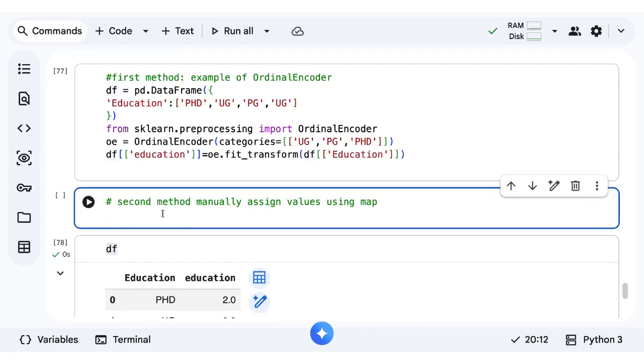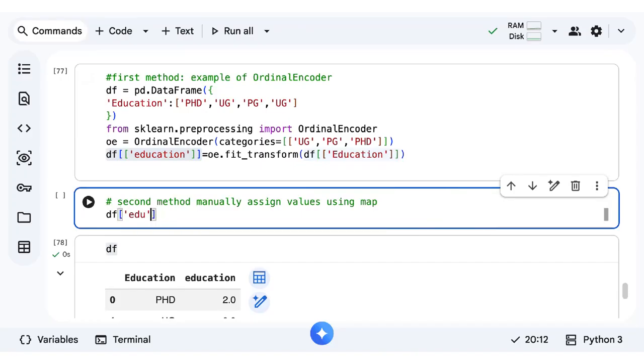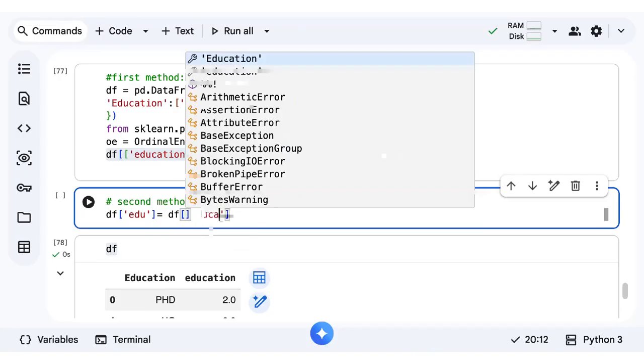Okay, so I'm just creating a new column again, and I'm calling it a short name, which is equal to. You have to fetch your column, which is df of education dot map. You have to pass values in a dictionary format.